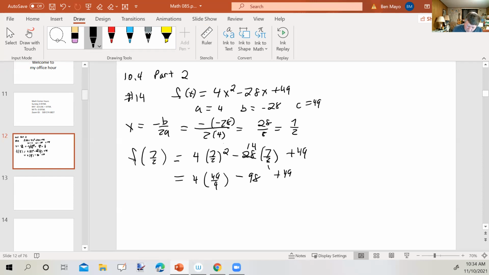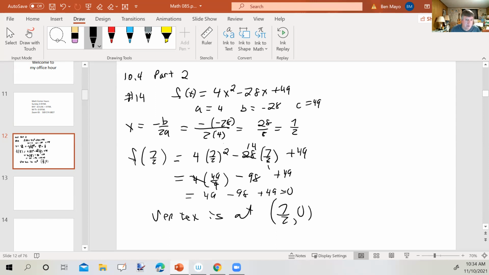So the 4 and the 4 reduce here. We have 49 minus 98 plus 49, which is 0. So all of this tells us the vertex is at 7/2, comma, 0.